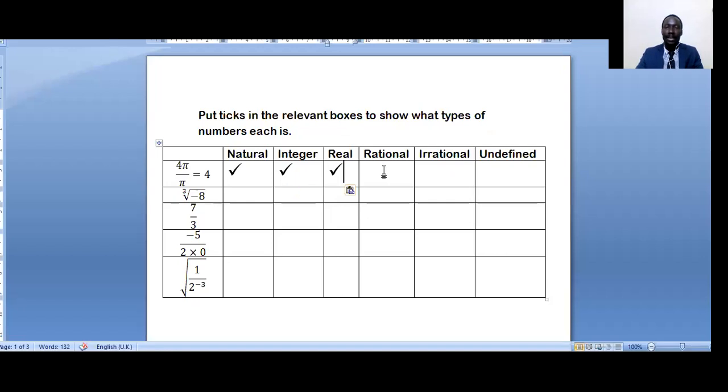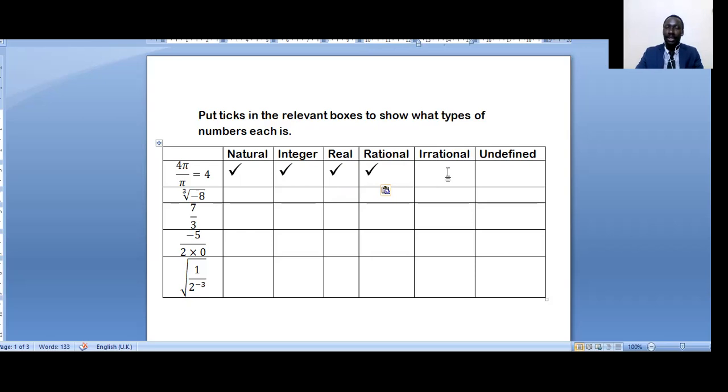Then rational number. Can we write 4 as 4 divided by something? Can we write 4 as 4 divided by 1? Yes, we can, and so 4 can be written as a rational number. Then how about irrational? Is 4 an irrational number?